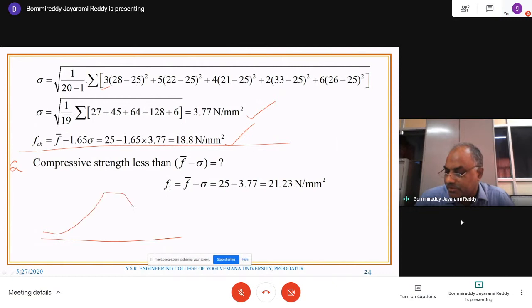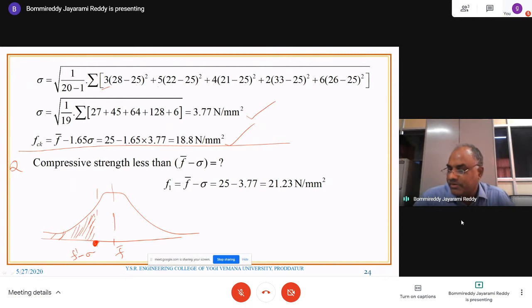You know, this is the curve and this is F bar, and here this is sigma. So what is this entire area? This entire area or this point is nothing but F bar minus sigma. So in such a case, this ordinate will be F bar minus sigma.